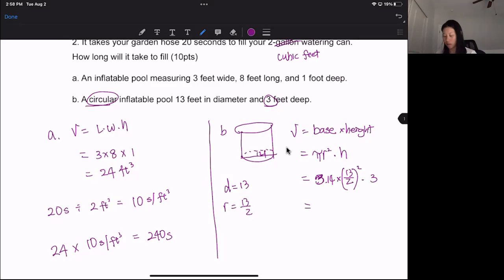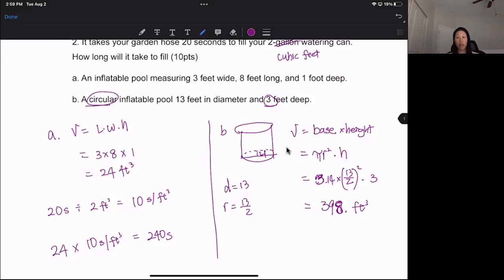So let me use a calculator to calculate this. So this is equal to 397.赛, round it up to 2 decimals, 398 cubic feet.